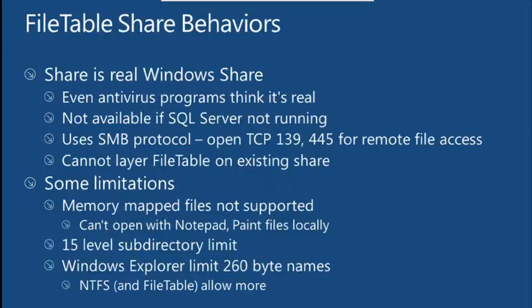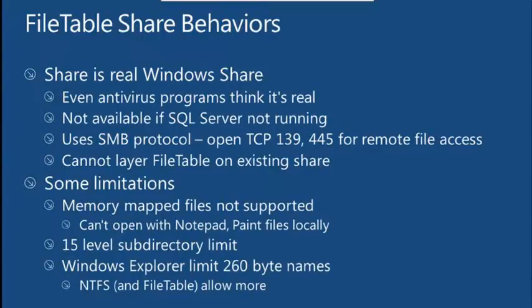So you will have to open port 445 and port 139, which is the COM name resolution port, to be able to use file table in sharing mode. Again, you're opening these ports on a local SQL server. If somebody said, yeah, that's against the security best practices, I wrote the security best practices white paper. Yes, it is. It's against security best practices. But since it uses the SMB protocol, that's really the only way to do it.